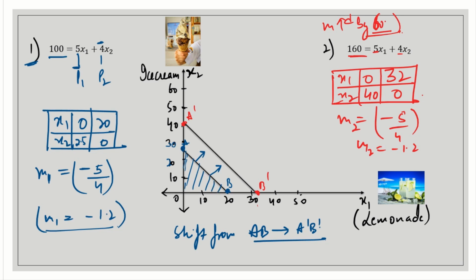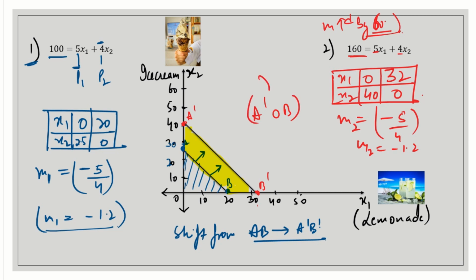But later on, when his income has gone up, his affordable portion has increased significantly by this area, which you can observe here in the figure. So this is the increment. So overall now what he can afford is A prime O B.